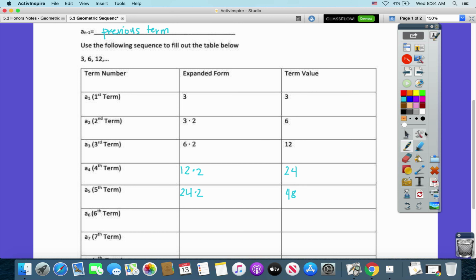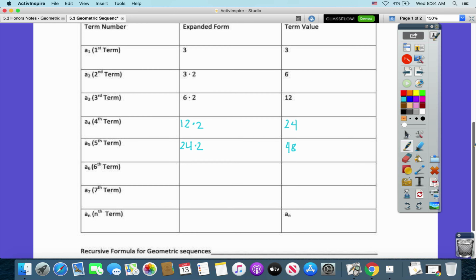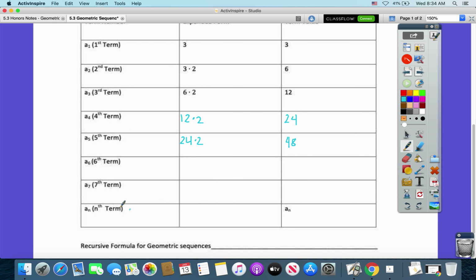And I think you guys could probably fill out the rest of the pattern continuing down. Then we get to our nth term, and we have to figure out what are we doing each time to get any term a sub n, and all we're doing is taking the previous term, which our notation for that is a sub n minus 1, and in this case, every time we were multiplying by 2.